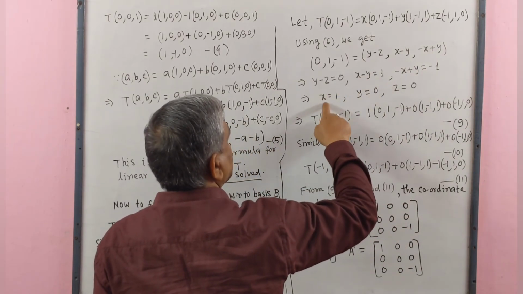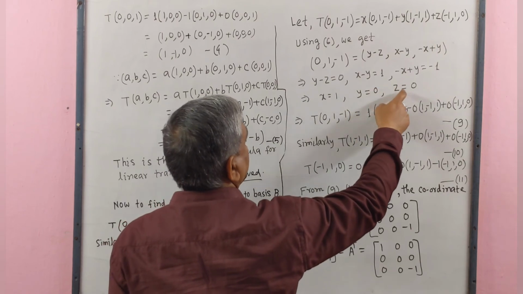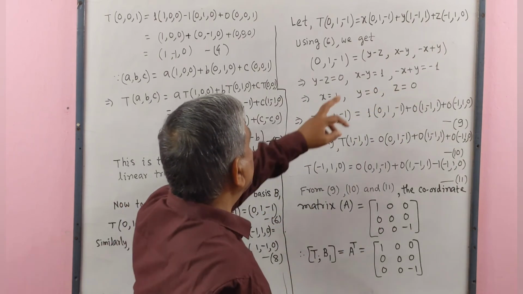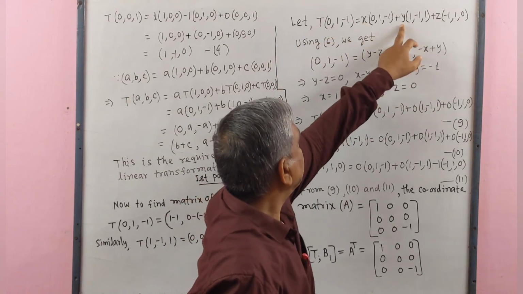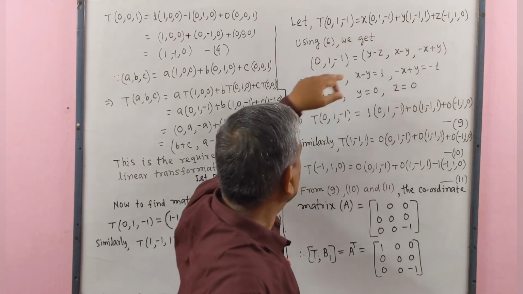Solving this, we get x equal to 1, y equal to 0, z equal to 0.